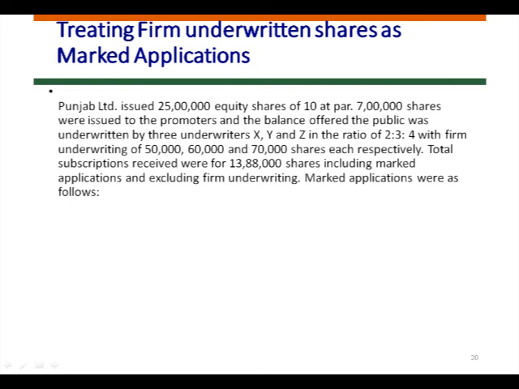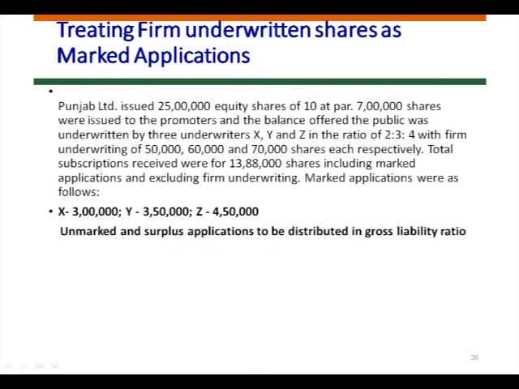And next, the total subscription is 13,88,000 shares. Now this is the position with the marked applications: X, Y, Z: 3 lakh, 3 lakh 50,000 and 4 lakh 50,000. Unmarked and surplus applications are to be distributed in gross liability.